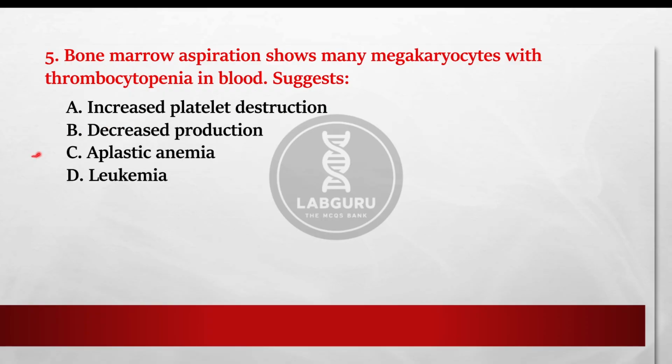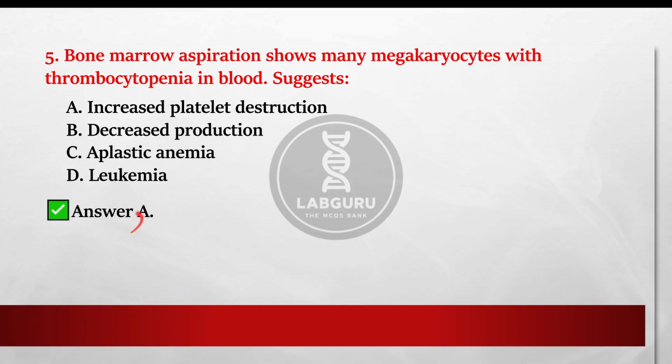The options are: option A, increased platelet destruction; option B, decreased production; option C, aplastic anemia; and option D is leukemia. Here you can see thrombocytopenia means there is a low platelet count in the peripheral blood. To counterbalance this platelet count in the peripheral blood, the bone marrow is more active. That's why it is showing more megakaryocytes.